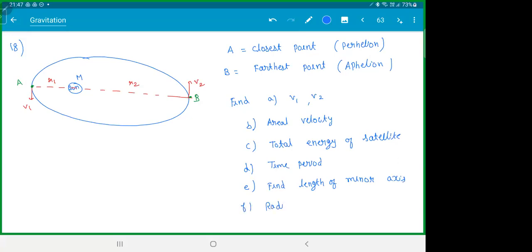Radius of curvature at A and B. Find eccentricity of the ellipse. This would be like a proper advanced paragraph question. You can ask a lot of stuff in this. Eccentricity is actually easy. But anyways, try, get the first one. If you got V1, V2, you'll get everything from there. Try, I'll give you 3-4 minutes, then I'll show you.